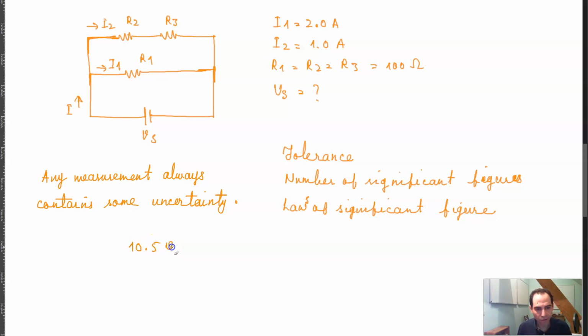When you read 10.5 volts, you cannot think of this reading as exactly 10.5 volts. The actual voltage that you're measuring would be 10.5 plus or minus 5%, all in volts.